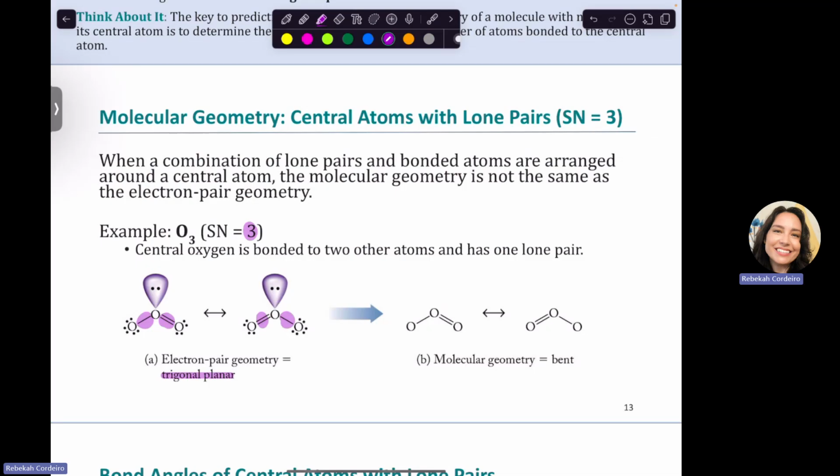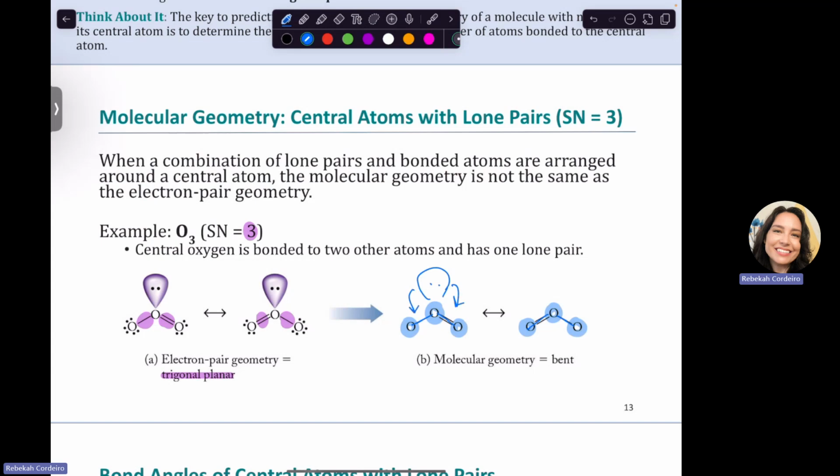However, if we take away the electrons and we only look at the atoms, we get this bent shape. Because there's this lone pair up here we can't see pushing down on the bond, it's bending it.